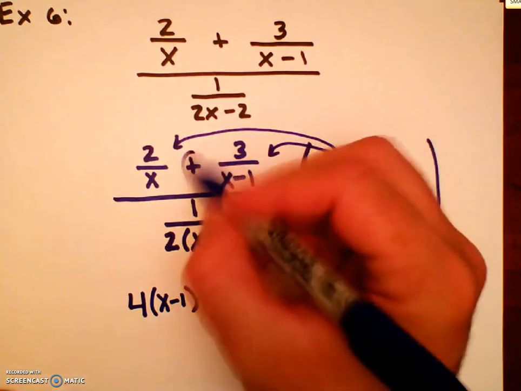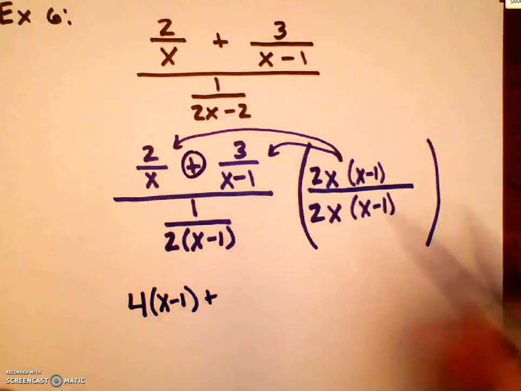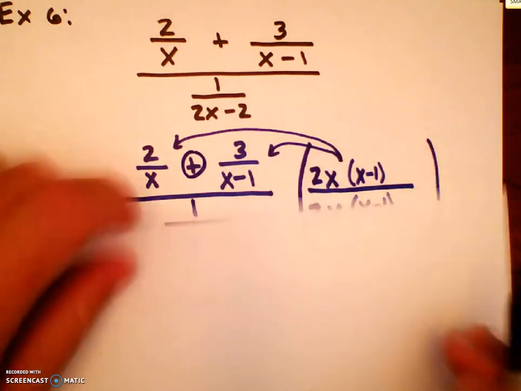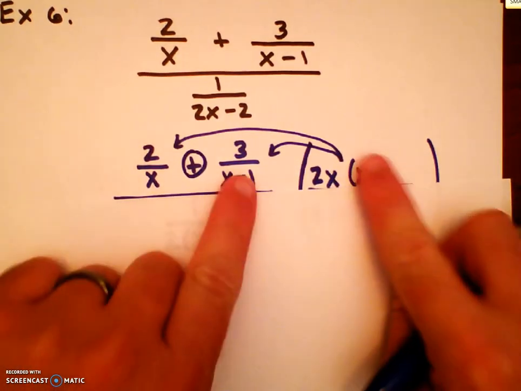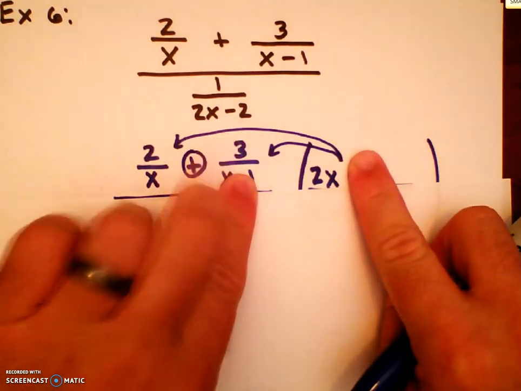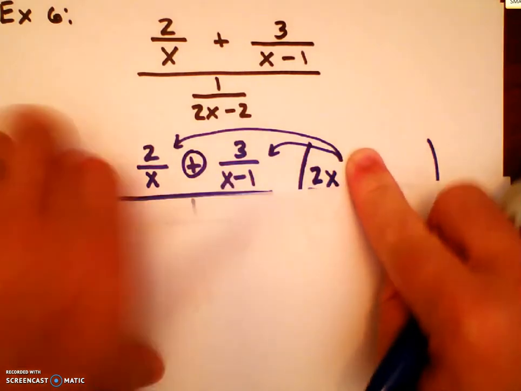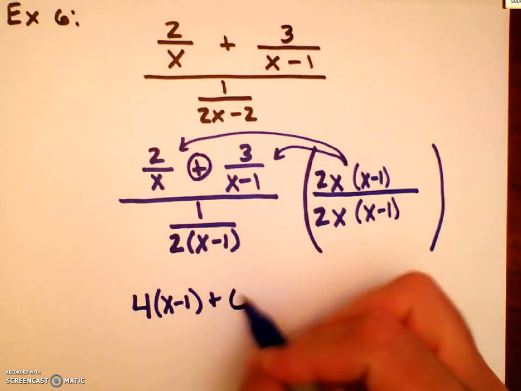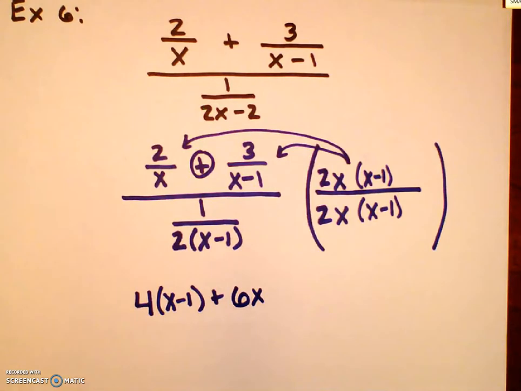The plus sign drops. Remember, you're trying to get the fractions to cancel, so same thing here. When I multiply these two, the x minus 1's cancel. I'm left with 3 times 2x, which is 6x. My goal has been achieved. I no longer have any fractions on the numerator.